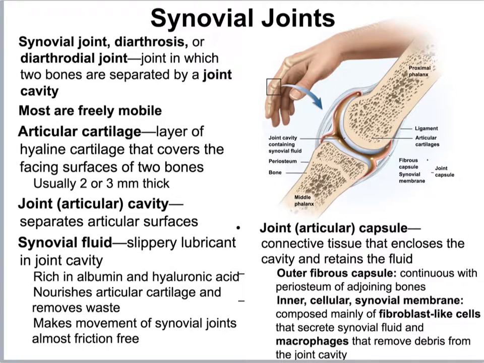It's rich in albumin, which is actually one of the proteins found in egg whites, and hyaluronic acid. It is rich in nutrients, rich in oxygen, and it acts as a lubricant to keep these bones from actually rubbing against each other.